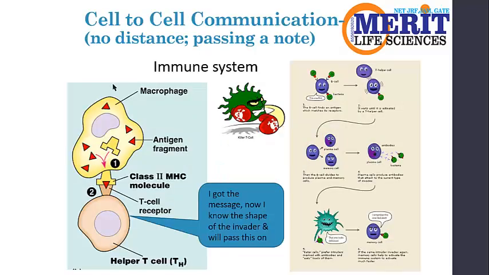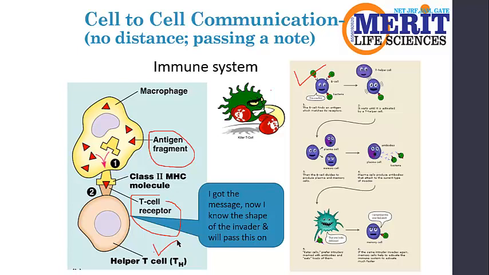For example, if an antigen is there, it is immediately phagocytized by phagocytic cells, and as soon as the macrophages eat them, they fragment them into antigen fragments, and there is a class II MHC molecule inside the macrophages which captures these antigen fragments and presents them to the T cell receptor, and then these T helper cells release various cytokines and then form TC cells to respond further.